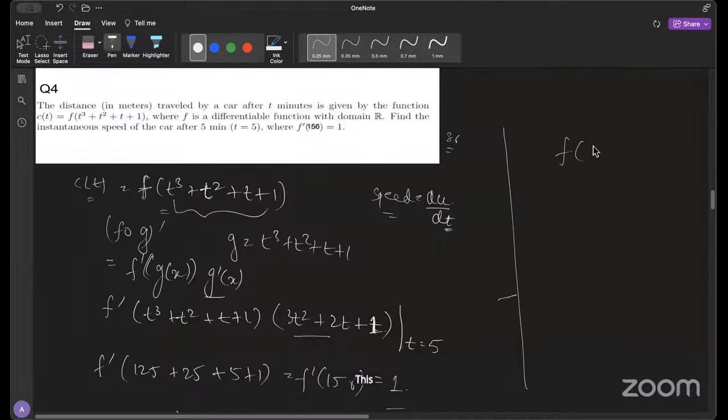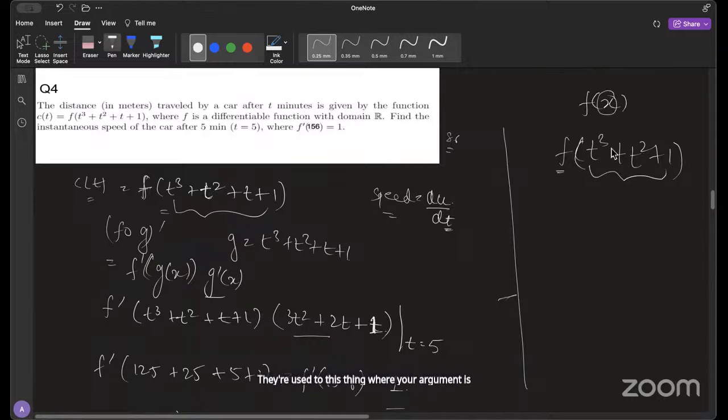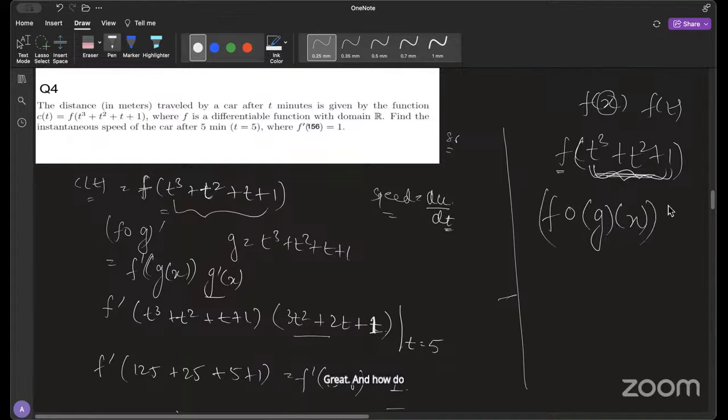The function given to you is f of t cube plus t square plus 1, right? And this is a function, and then the argument is also a function. We're used to the argument being just x, or just t, but now you have a function in the argument. That means this is another function. Let's call it function g. And how do you find the derivative of this entire thing, f composed with g?